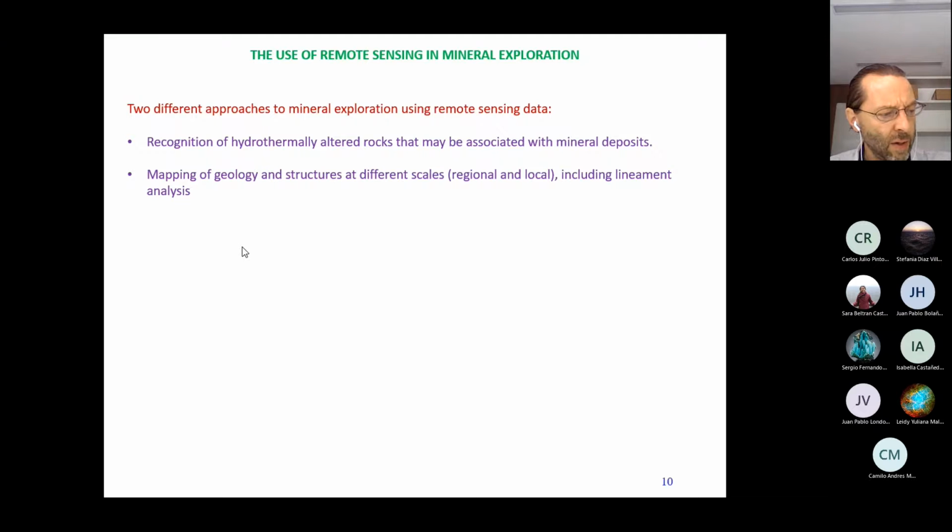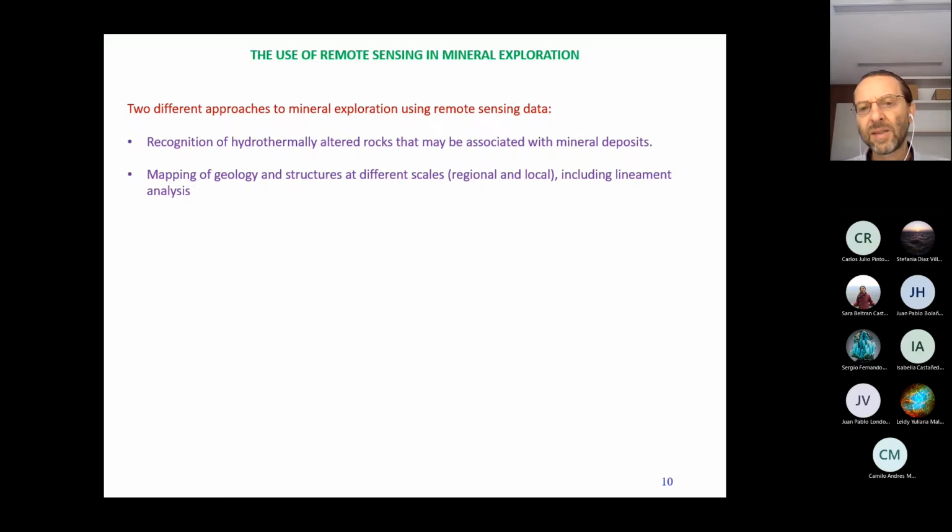So let's now talk about the things that I came here for today. And this is actually the use of remote sensing for mineral exploration. And here there are two main applications. One is to look at what I was telling you, the alteration patterns.